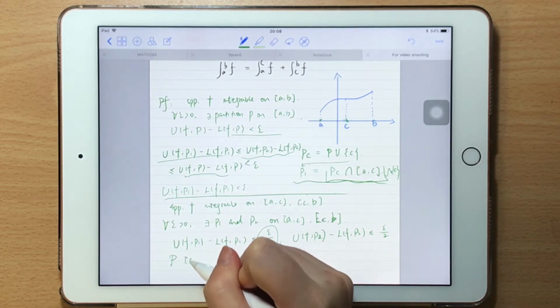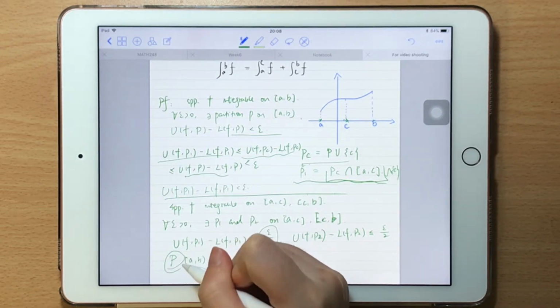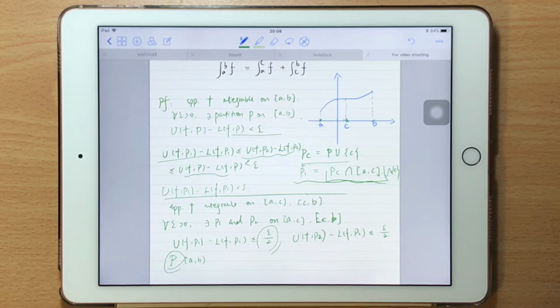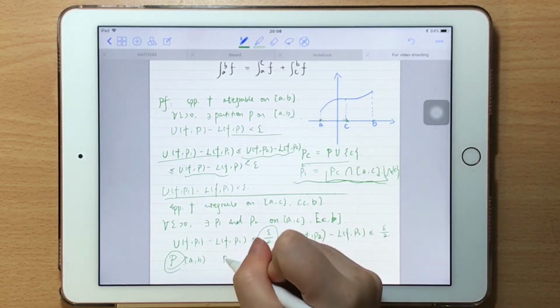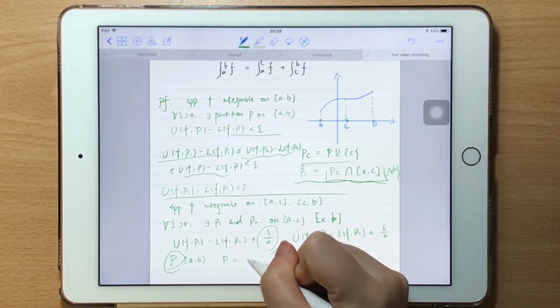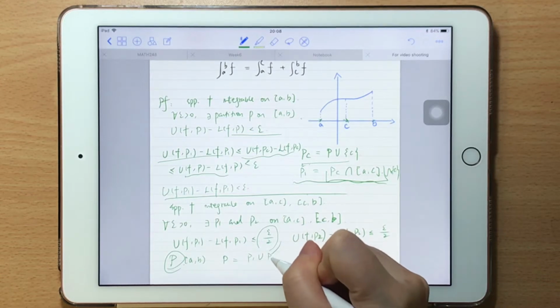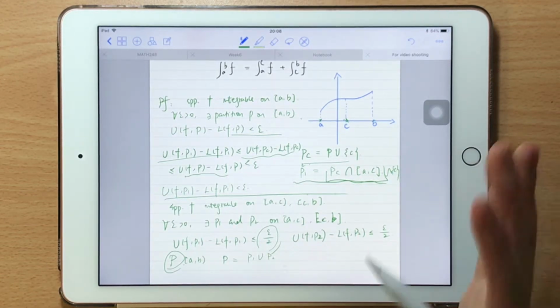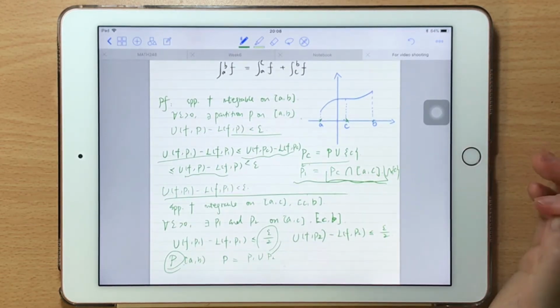P is a partition on AB, right? And how are we going to choose P? It's very clear that we can choose P to be the union of P1 and P2. Check the endpoints A and B are both inside the partition P on AB, so we don't need to add other points to it.